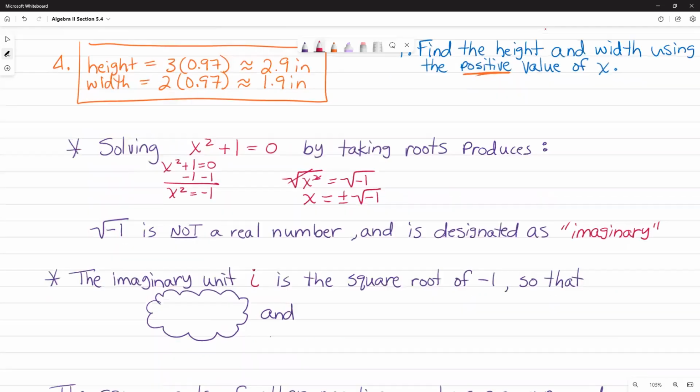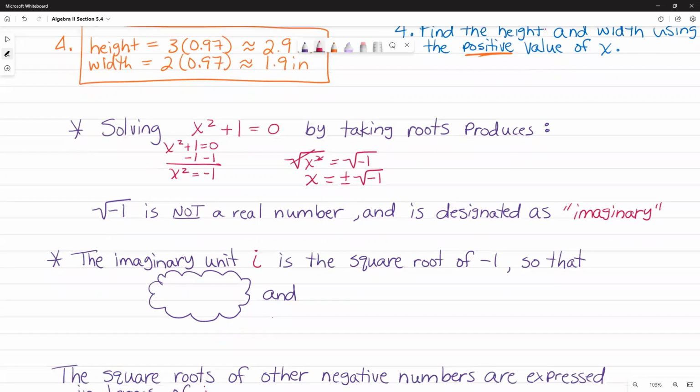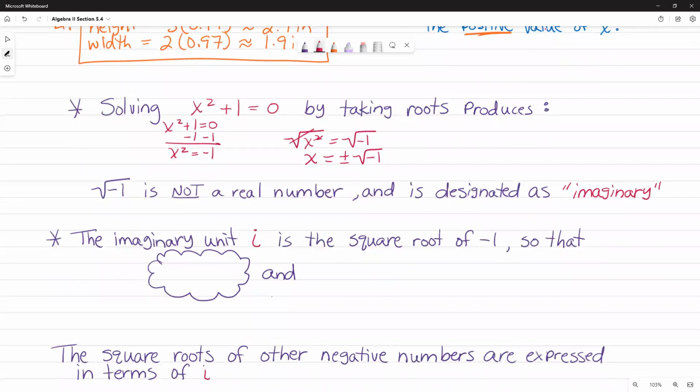However, you cannot have a square root of a negative number. It's not a real number and it's designated as imaginary. And so what we do is we use the variable i to represent the square root of negative 1, so that i equals the square root of negative 1.